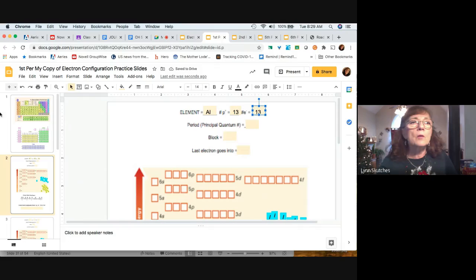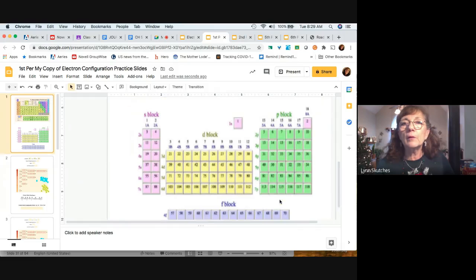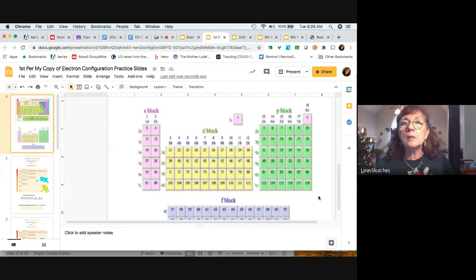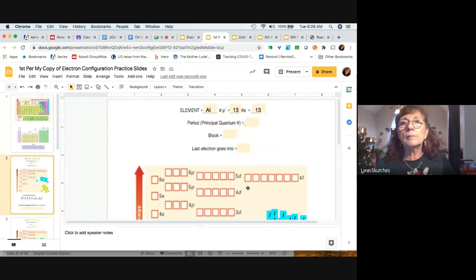The next thing you're going to want to know about aluminum is where it lives on the periodic table. Helium's on period 1, then period 2, and aluminum's on period 3. And it's in the P block. If you're not sure, the blocks are down here. Element 13 is in the P block. So we'll go back to this.